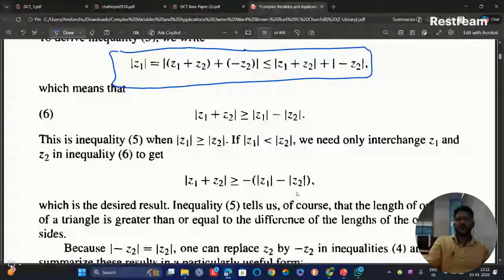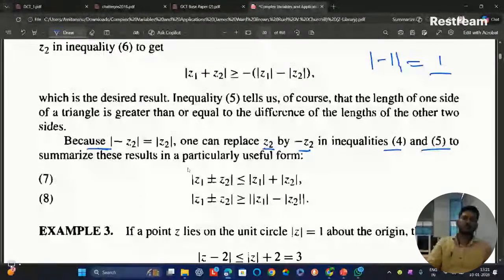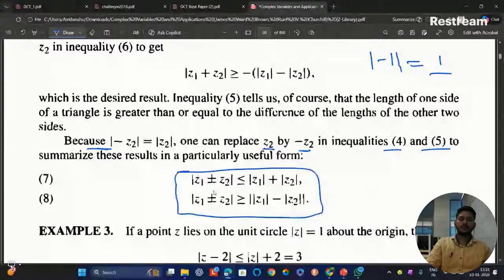Inequalities 4 and 5 can be summarized in a more particularly useful form. You may apply it for both: modulus of Z1 plus or minus Z2 is greater than or less than modulus of Z1 plus modulus of Z2, and when you use the subtract form, it comes like this. So maybe that is correct.